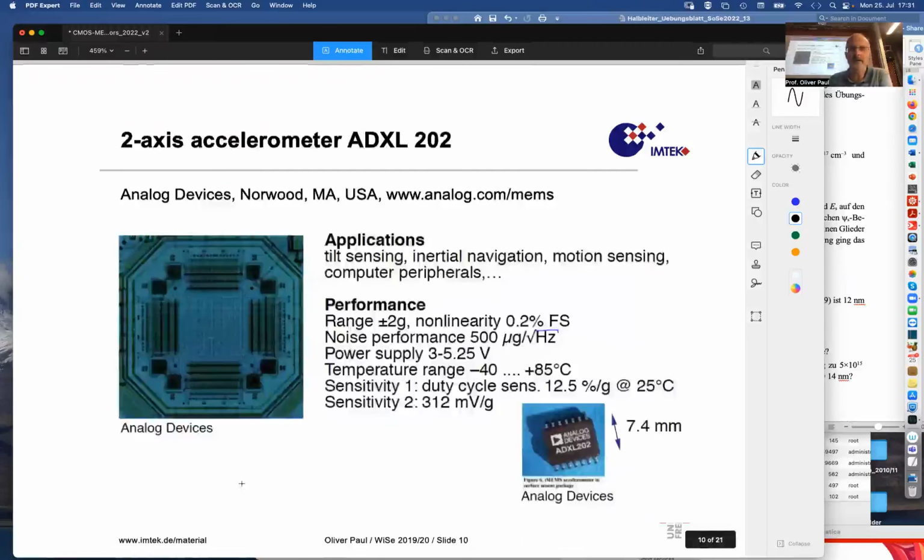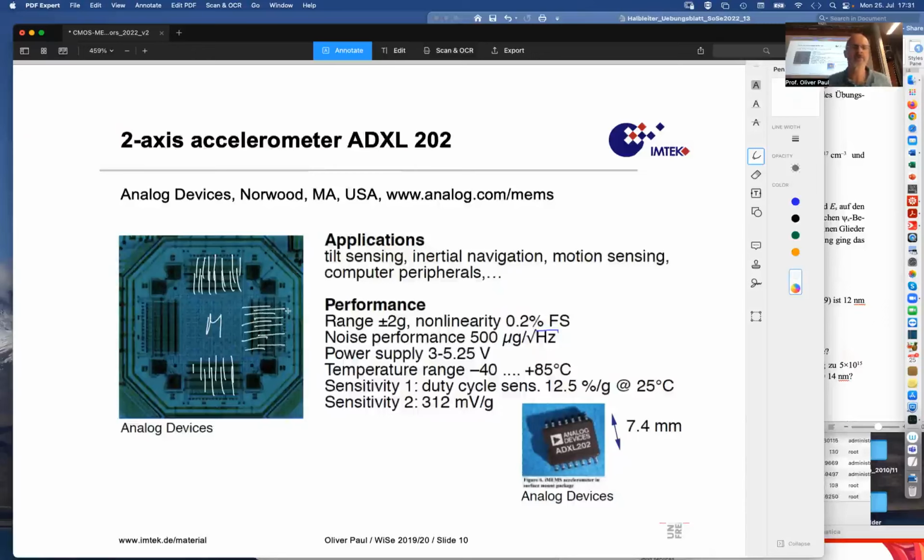If we look at Analog Devices, it's hard to see in this picture, but here is your seismic mass, M, and then here are interdigitated electrodes that sense one motion, and interdigitated electrodes here of course also, and then horizontally as well.